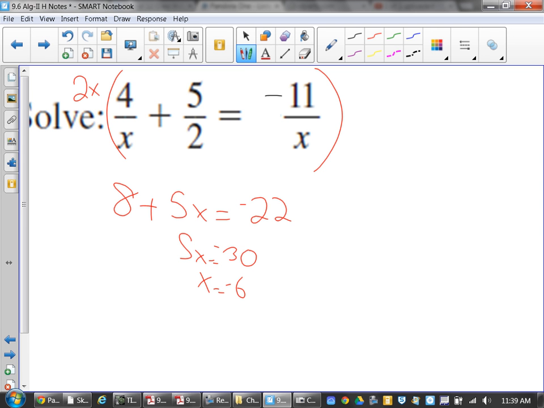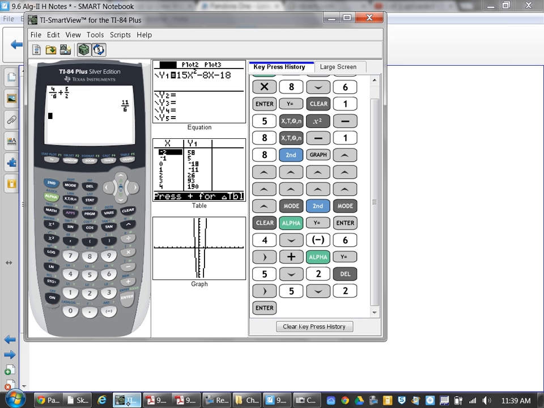Now, what's nice with these things is you can also check your work. You have a calculator. If you substitute in for x in a calculator, 4 over negative 6 plus 5 over 2.